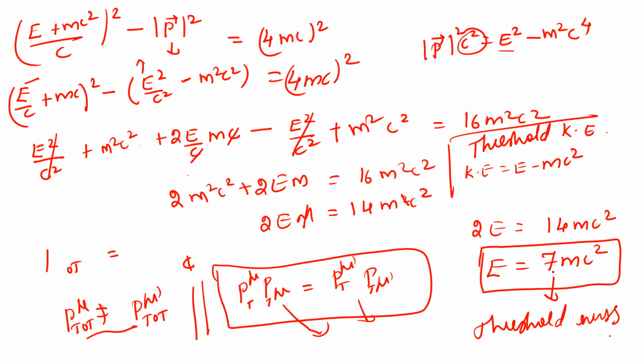The threshold energy is 7 mc square, so the threshold kinetic energy is 7 mc square minus mc square, that is 6 mc square. So the incident photon should at least have 6 mc square of kinetic energy. Only then this reaction can take place. The incident photon must carry at least 6 times its rest energy for this process to occur.